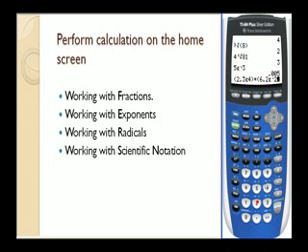Just type in the negative 2, close, enter. Now, depending on the result, it may or may not give the answer in scientific notation. So if you want this answer in scientific notation, you would have to convert it yourself.